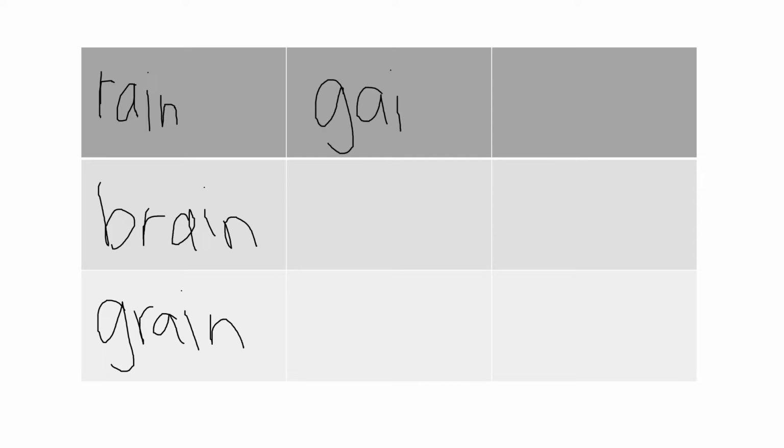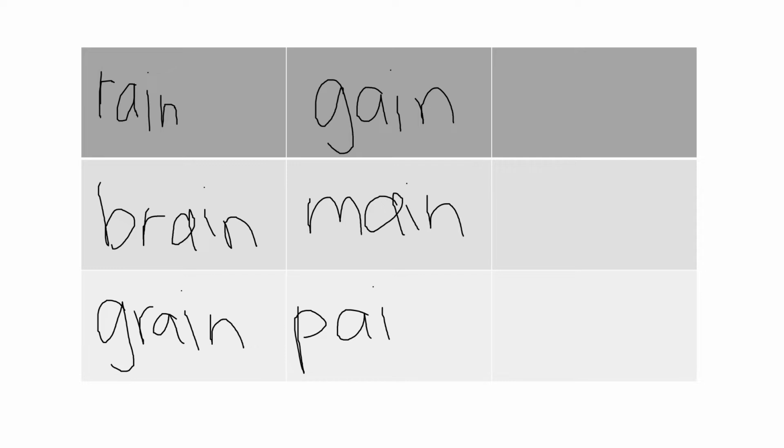Change gain to main. Main. Change main to pain. Pain. See how we're only changing that beginning sound? So A here is made with the AI sound.